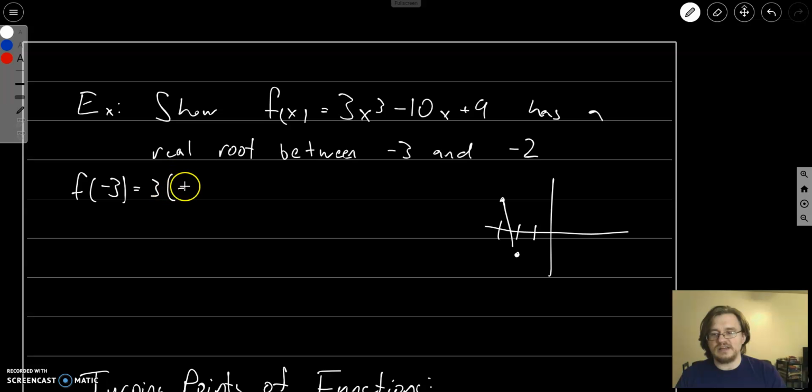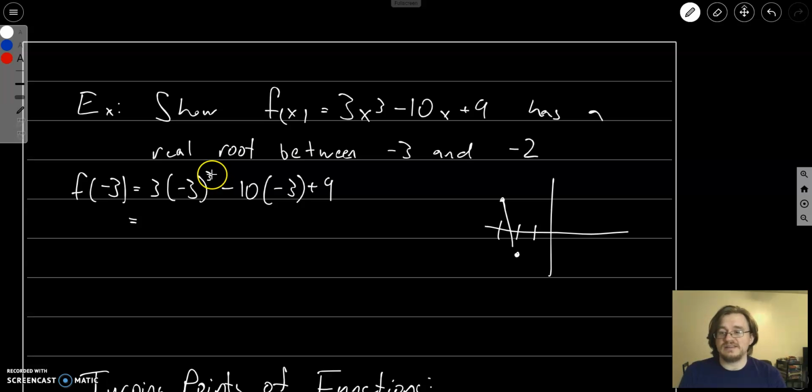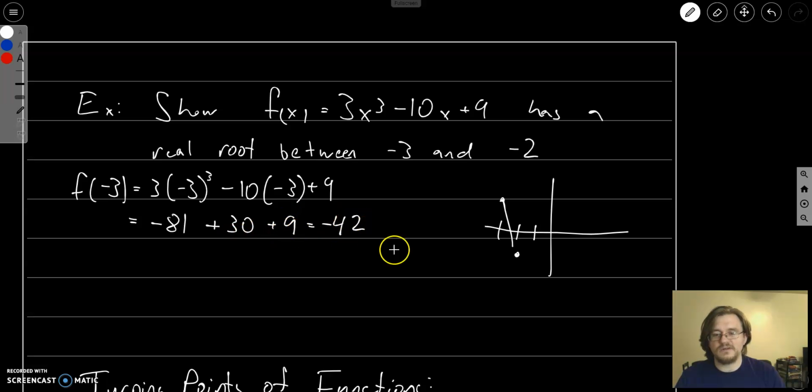This is going to be 3 times -3 cubed minus 10 times -3 plus 9. -3 cubed is going to be -3 times -3 times -3 is -27 times 3 is -81, minus -10 times -3, so that's going to be minus a -30 plus 9, and -81 plus 30 will be -51 plus another 9 is going to be -42.